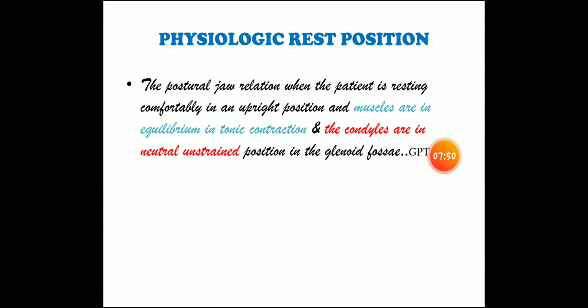In this position, I'm talking about dentate patients, if the patient is in physiological rest position, then the teeth will be slightly separated. You'll find a space that is called the freeway space, which we'll discuss in later slides.